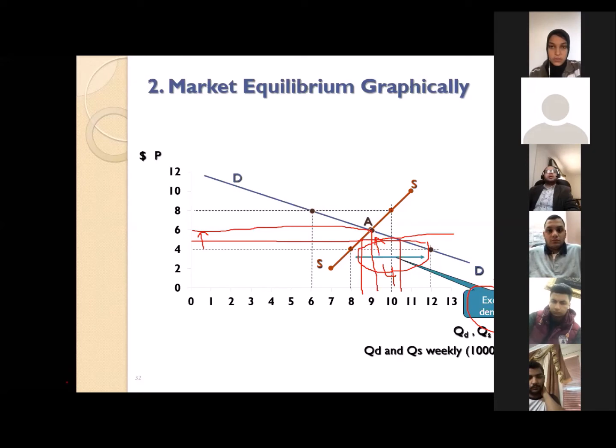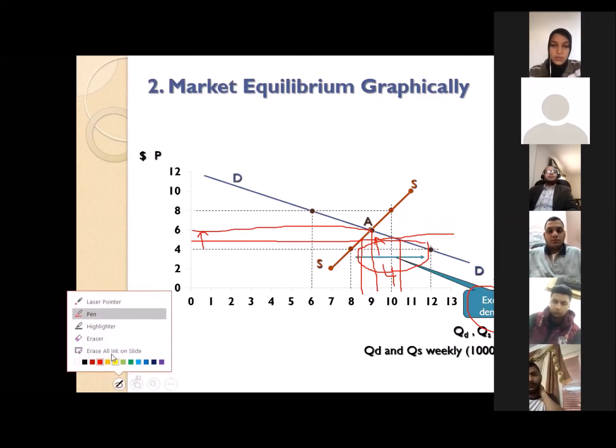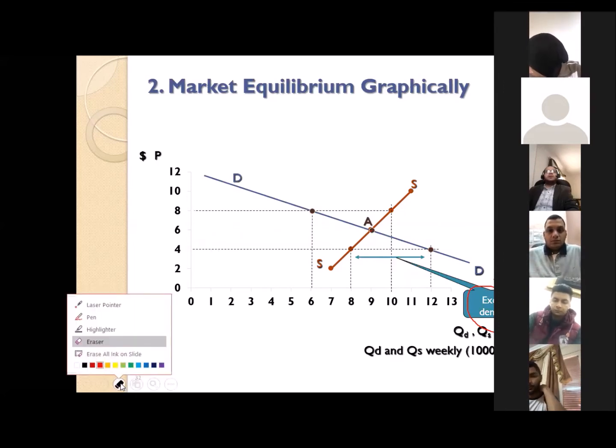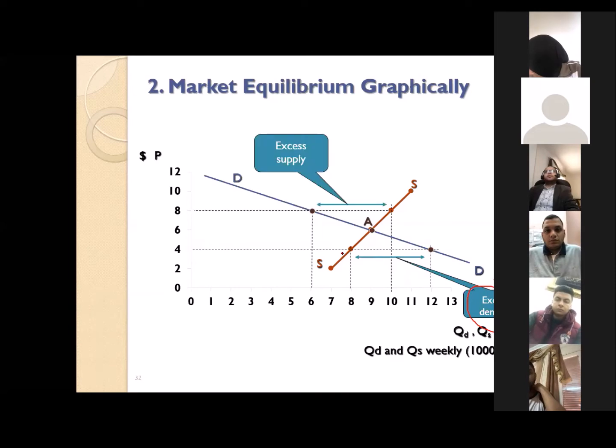So what is the case when we have the opposite? When we have excess supply, when we have a surplus in the market. A surplus in the market means the price is very high.